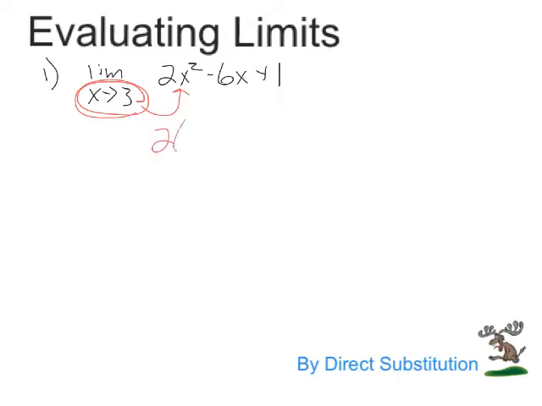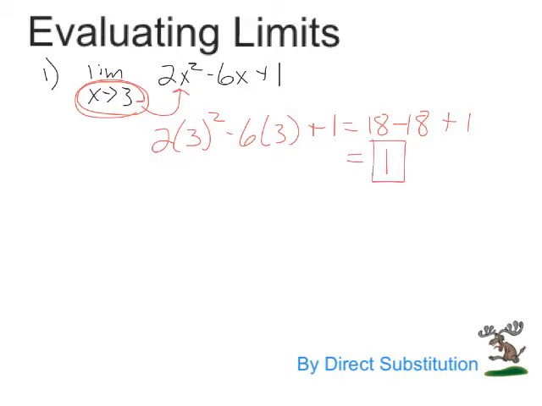So we get 2 times 3 squared minus 6 times 3 plus 1, and that is equal to 9 times 2 is 18, minus 18, plus 1. So that limit evaluates to 1. Because we get a value, then we know that the limit exists. And occasionally we'll get things that are undefined, and we'll have to take a different approach.